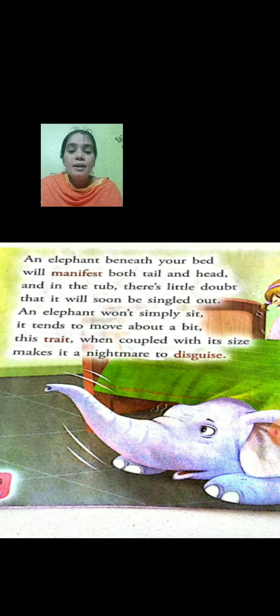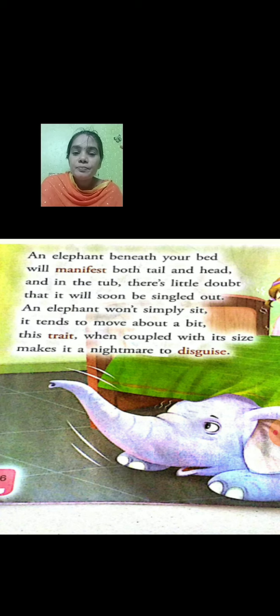So an elephant beneath your bed. So look at the picture. If you try to put the elephant under the bed, it will manifest both tail and head. So what is manifest? The tail and head will manifest. So its tail is coming out from behind and its head is coming out from the front.